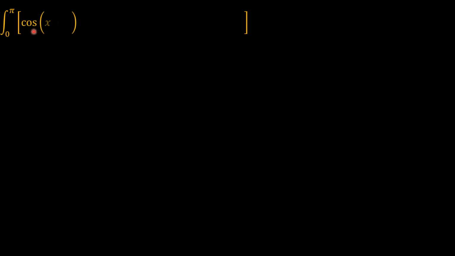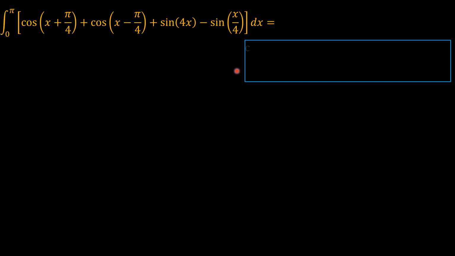The first two components of the integrand would require you to know some basics of trigonometry. Cosine of (a plus b) is equal to cosine a cosine b minus sine a sine b, and cosine of (a minus b) is cosine a cosine b plus sine a sine b.